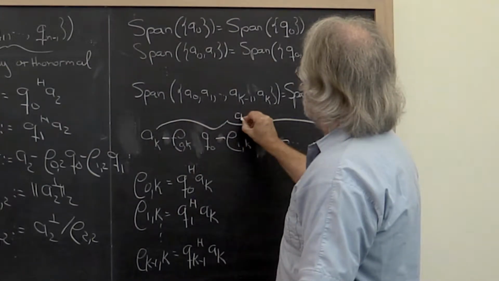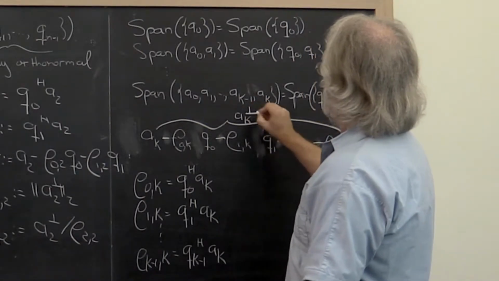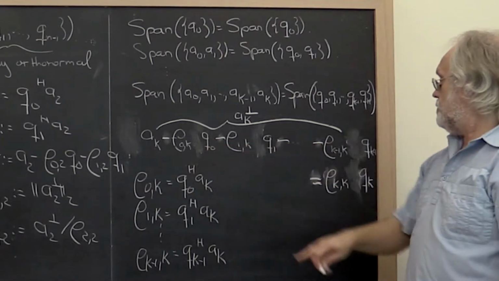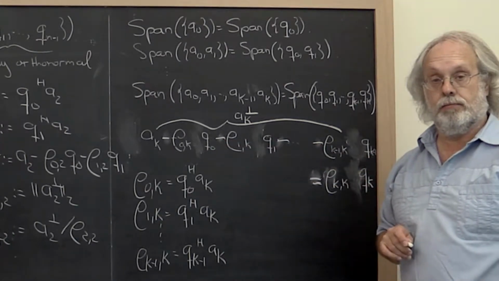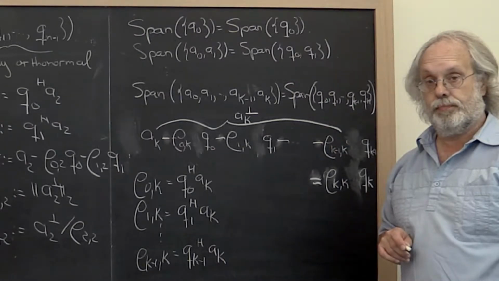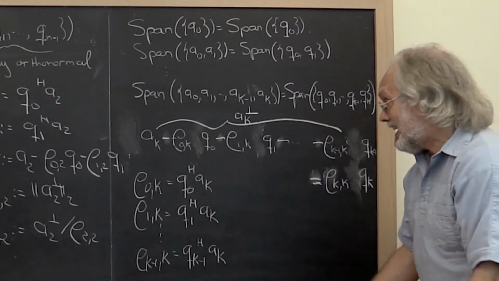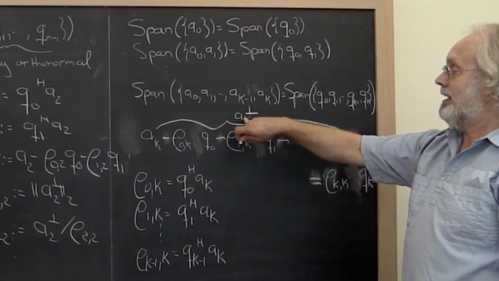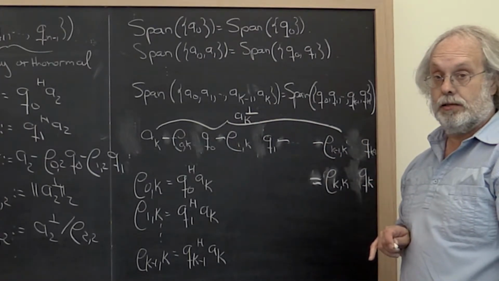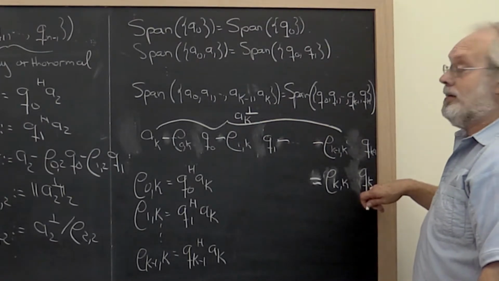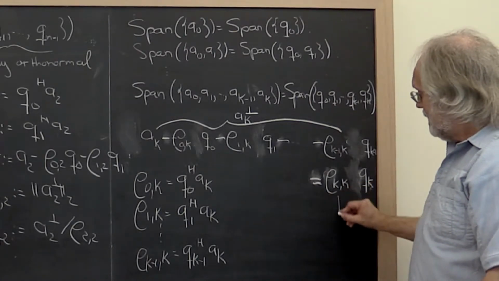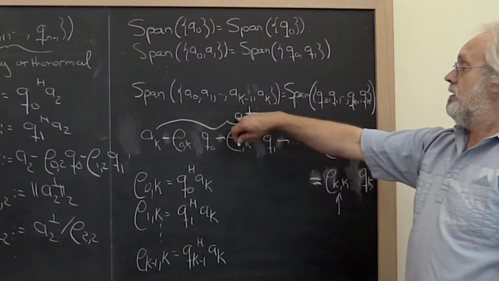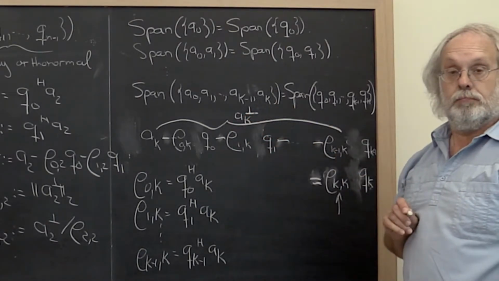We get the component of ak perpendicular, orthogonal, to vectors q0 through q(k-1). Okay? After that, we know that qk must lie in the same direction as ak perpendicular, but it must be of length 1, and that tells us that we can choose rho kk to be the length of ak perpendicular.